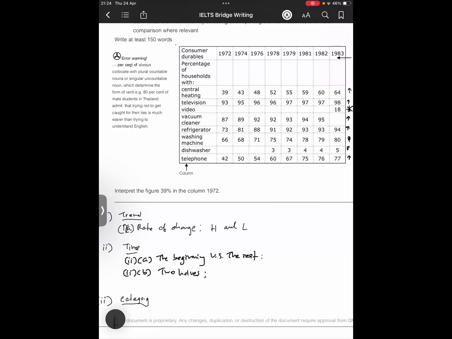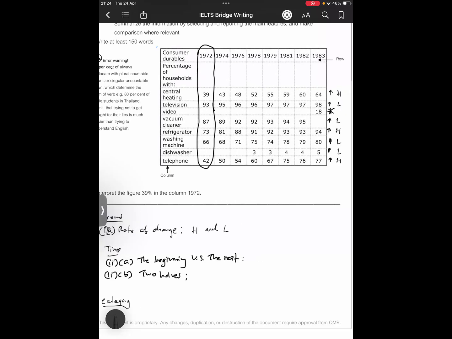Okay, so at the beginning of the period, which is in 1972, or this column only, we will make comparisons across all these variables. All right, so your first paragraph will not cover anything other than comparisons across all these values.